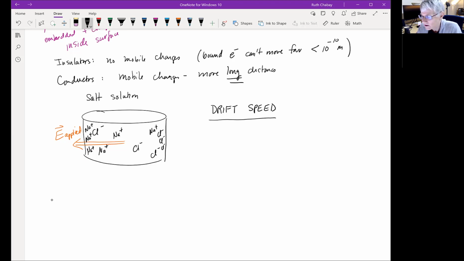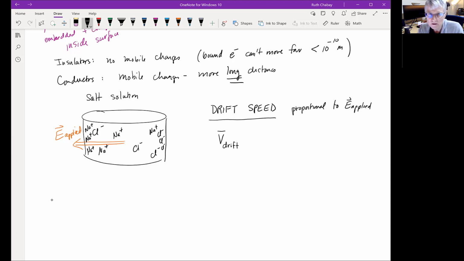So drift speed is proportional to the applied electric field. And drift speed is going to be an average thing. They're not all moving at the same speed. So we write it with a single bar across here. This is not a vector.